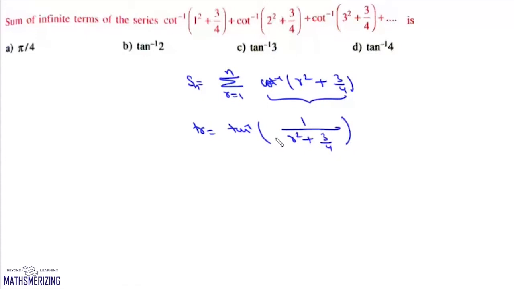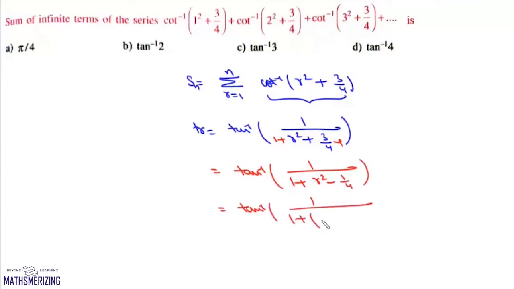Now what we'll do is we'll add 1 and subtract 1. So we can write this as tan inverse 1 upon (1 plus r square minus 1 by 4), since 3 by 4 minus 1 is minus 1 by 4. So we'll write this as tan inverse 1 upon (1 plus (r plus 1 by 2) into (r minus 1 by 2)).